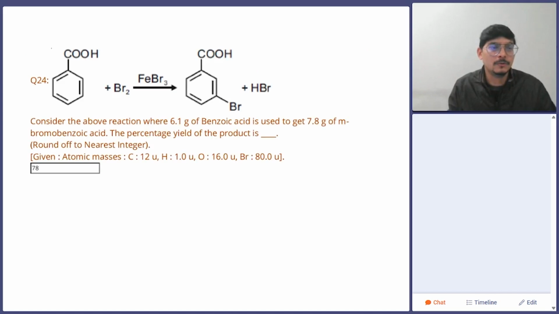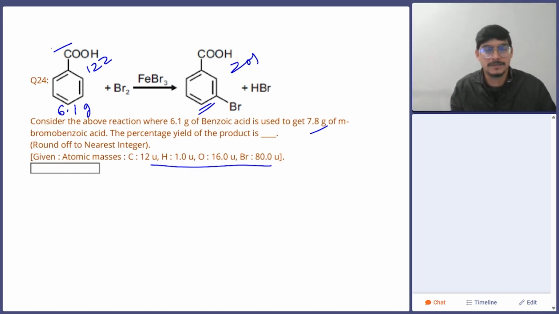All right. Moving to the next question, which is this one, a simple question based on percentage yield. Consider the above reaction where 6.1 gram of benzoic acid is used to get 7.8 gram of meta-bromobenzoic acid. So you can do your math, find out the molecular masses. I guess the molecular mass of benzoic acid is 122, and the molecular mass of meta-bromobenzoic acid is 201. The atomic masses are given here.